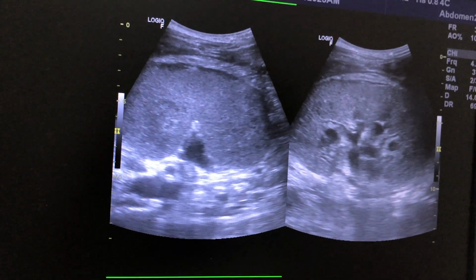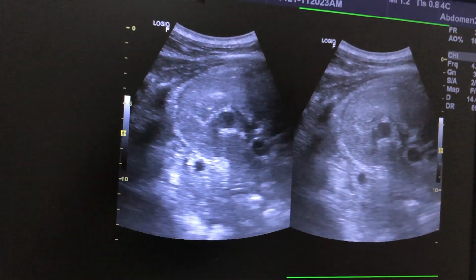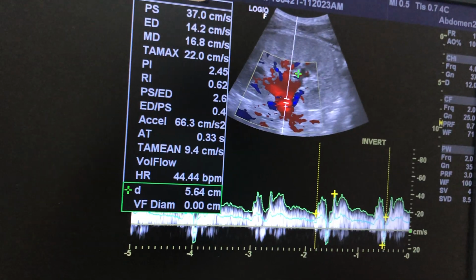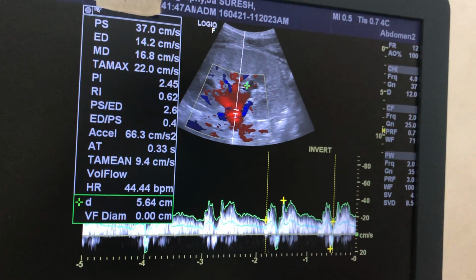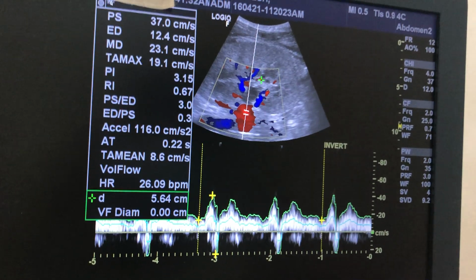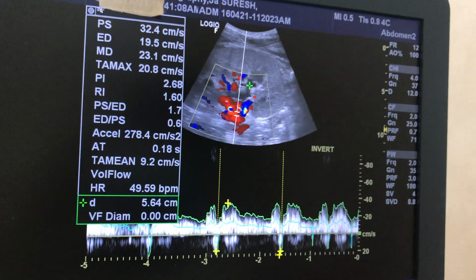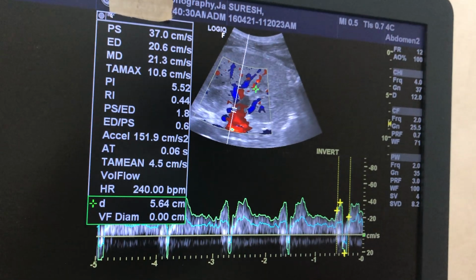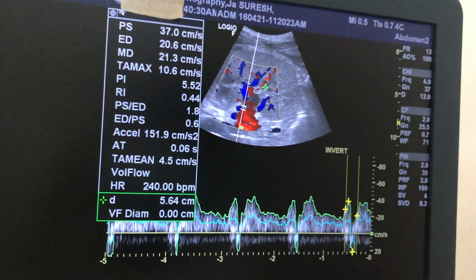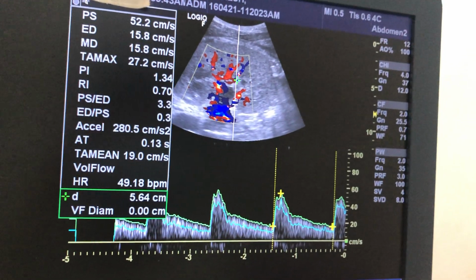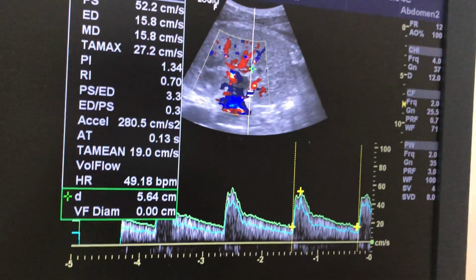This is the left kidney. This is the renal vein. This is the renal vein. This is the renal artery at various segments.